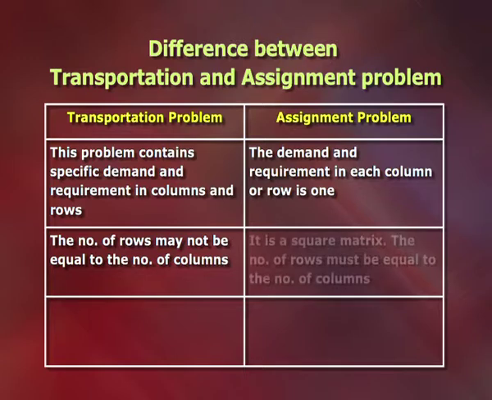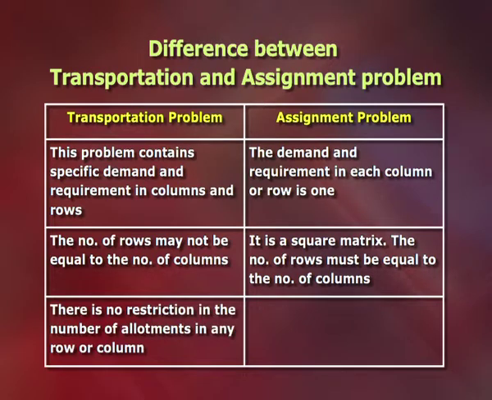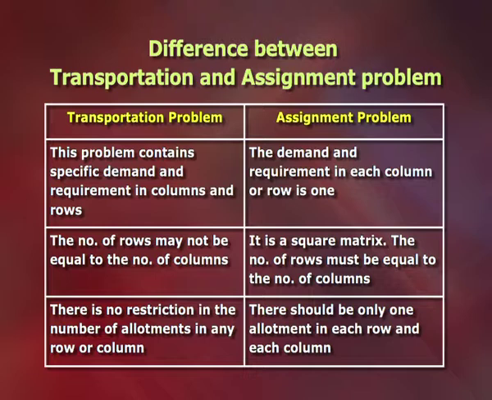Assignment problem: it is a square matrix. The number of rows must be equal to the number of columns. Transportation problem: there is no restriction in the number of allotments in any row or column. Assignment problem: there should be only one allotment in each row and each column.